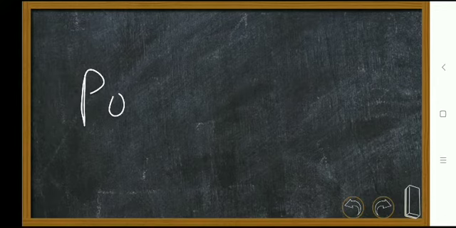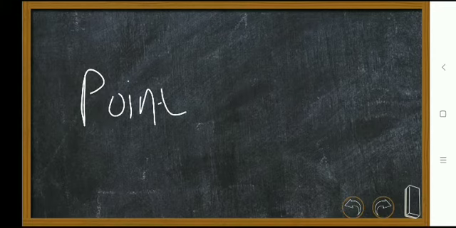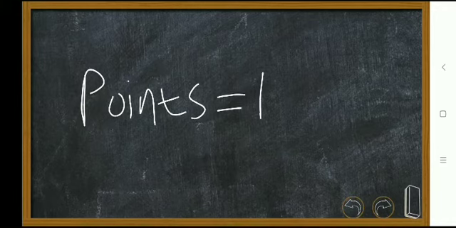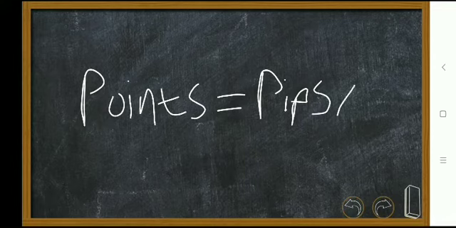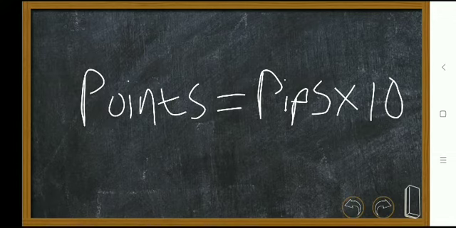Meaning that, let me repeat this, points are pips multiplied by 10. You can see from the table which I drew seconds ago that points are equal to pips times 10.